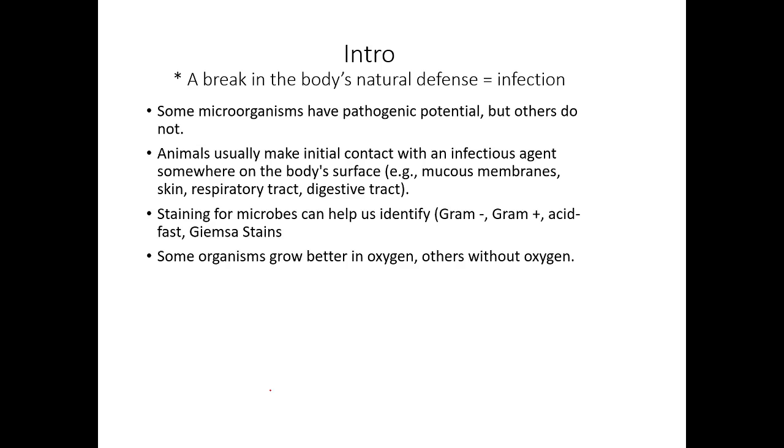Some organisms are cultured and they grow better in oxygen, so we call them aerobic organisms. Others grow without oxygen or better without oxygen, and those are called anaerobic. So if we can categorize the bacteria, it can help us to categorize what drugs we can use.